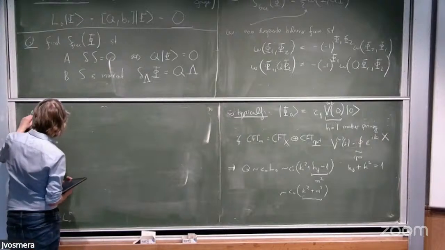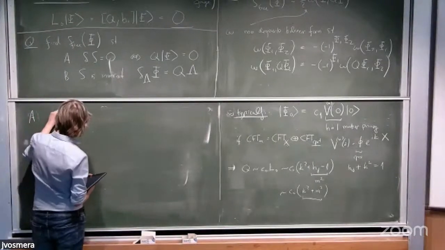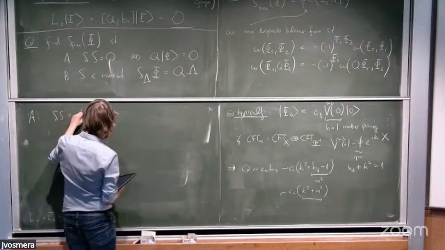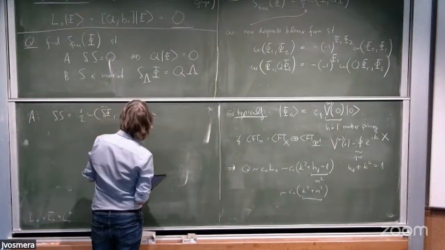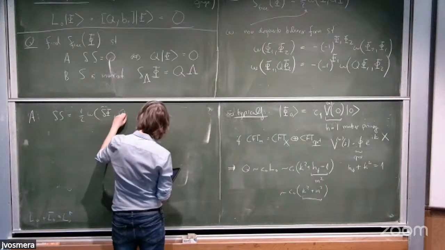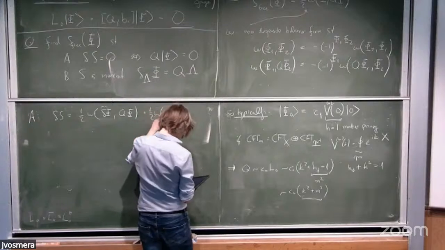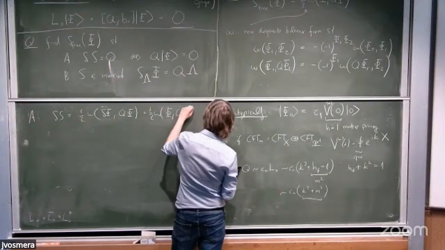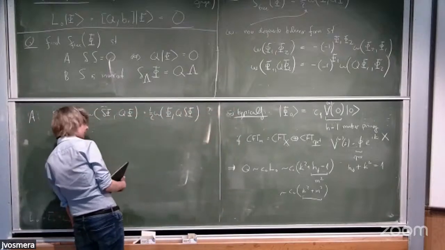So for property A, what we want to do is vary the action, right? So when we vary the action, we need to separately vary the first and second insertion into the bilinear form. So then let me focus on manipulating the second term.